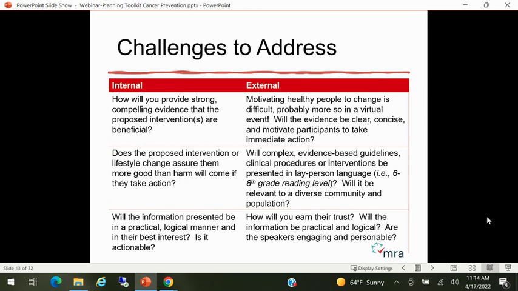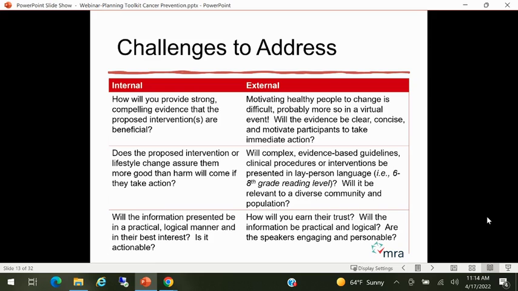So there are a couple of challenges that you need to address, and I've divided these out by internal and external. Let's start with the first one. Internally, the challenge is how will you provide strong, compelling evidence that the proposed intervention or change is beneficial?